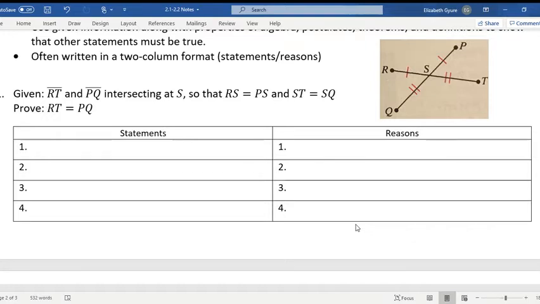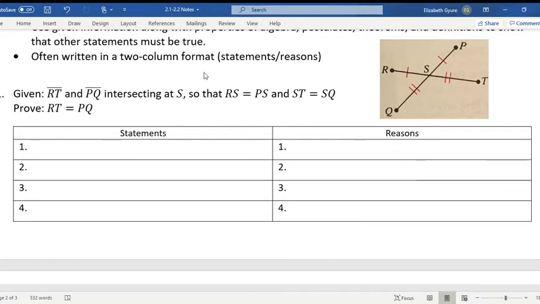Now, our statements are our mathematical or our geometric statements, like our equations. Our reasons are always going to be definitions, postulates, theorems, and properties. So we're going to make a statement on the left and explain why we can make that statement on the right.